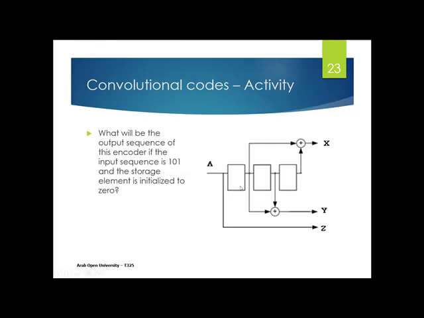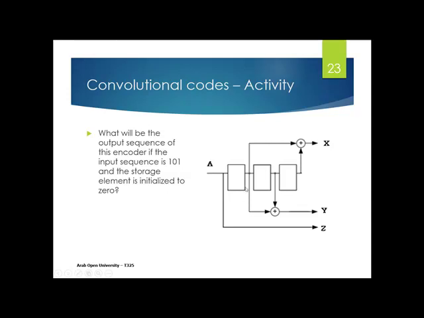In some cases, maybe the storage elements, if they are mounted in parallel and they receive the same input, might take the same value, and thus the encoder might not take all the possibilities. Let's say I might have an encoder with 3 storage elements, but that has only 4 levels, or even if they are parallel, it might have only 2 levels.